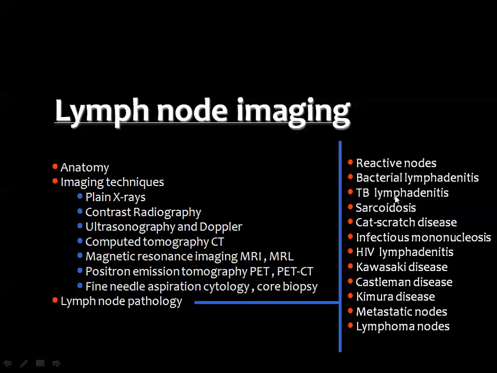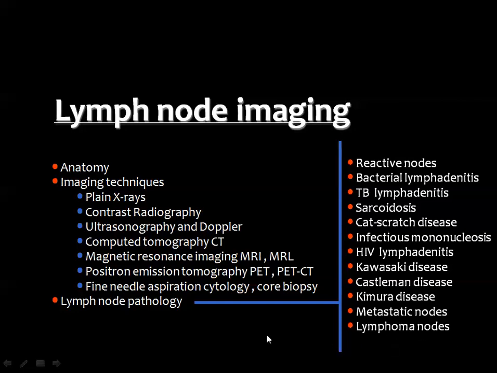Then some words about sarcoid, cat scratch disease, infectious mononucleosis, HIV lymphadenitis, Kawasaki disease, Castleman disease, Kimura disease, then the malignant nodes, including the metastatic nodes and the nodes of lymphoma.